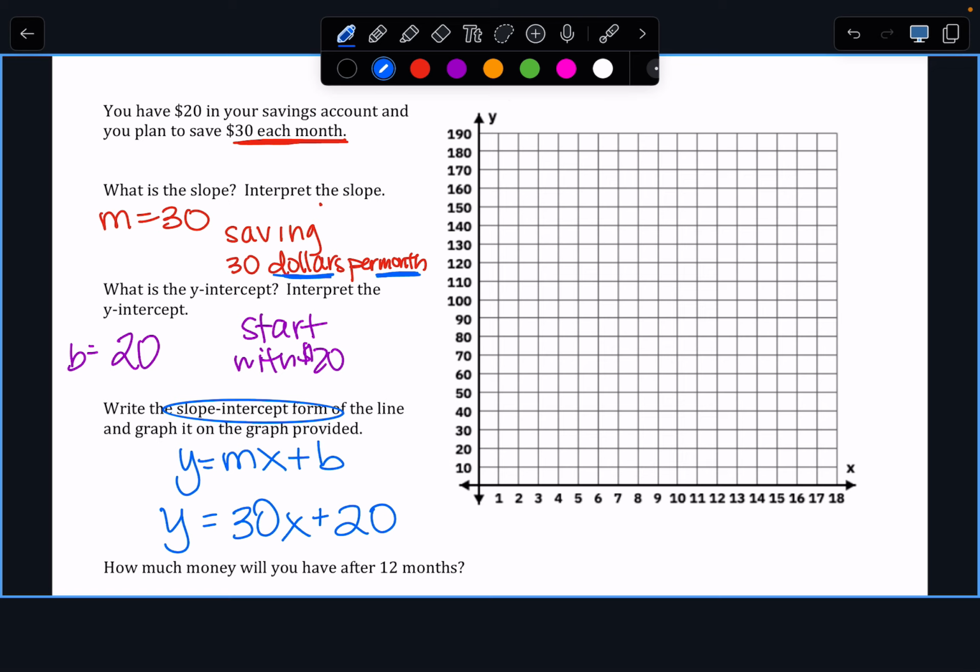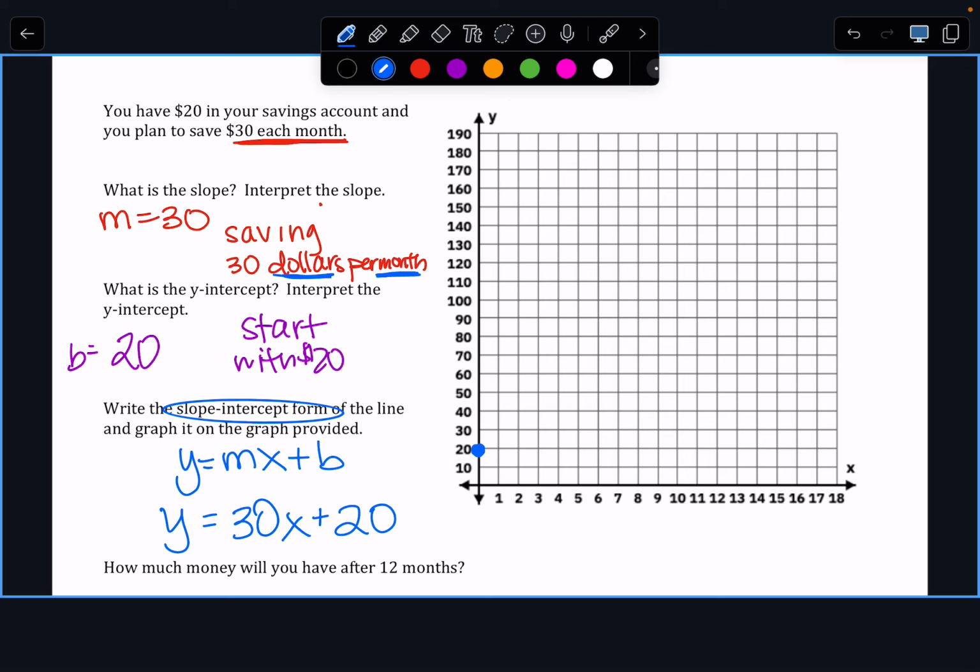Okay. All right, let's graph this. Our y-intercept, we said, is 20, correct? Okay, so I'm going to put my dot right there at 20. If my slope is 30, how many tick marks do I need to go up? 3.